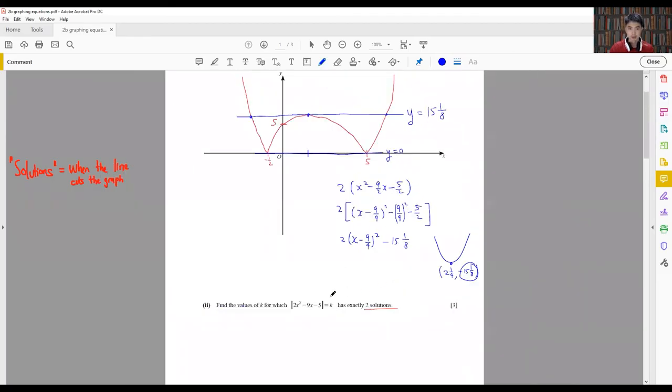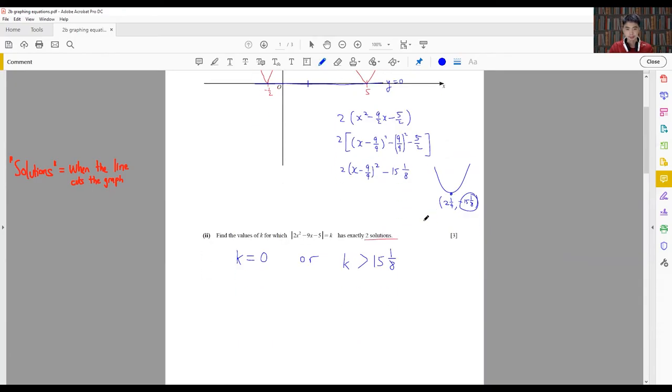So for this case, the answer for k is either when k equals 0, you see, when k equals 0, then this is the line y equals 0, or when k is more than 15 and 1 over 8. Okay, make sense?